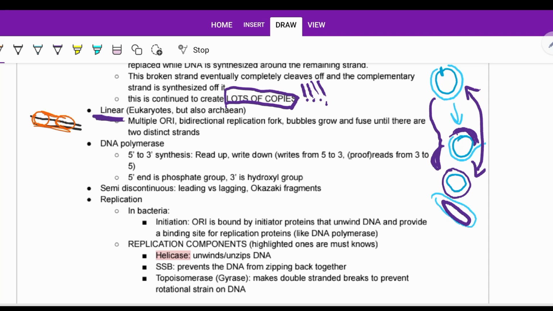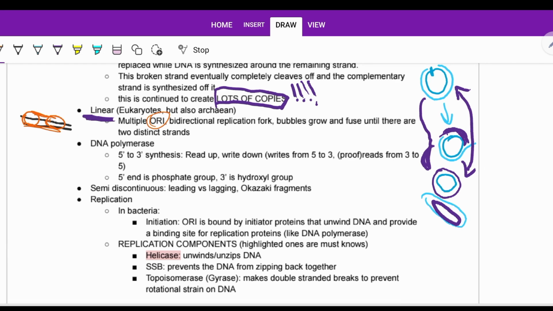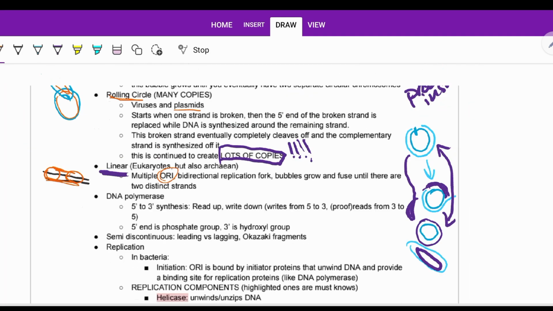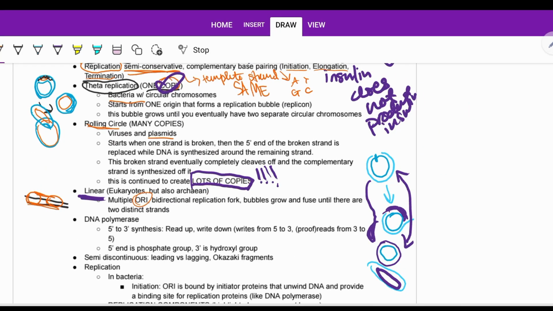This kind of sums it up. There are multiple origin sites where the replication bubbles start. These things are called bubbles, and they just go. Think of it as if you unzip a zipper, but from multiple spots in the zipper. That's kind of what happens in linear, and that produces just one copy, just like the theta replication.